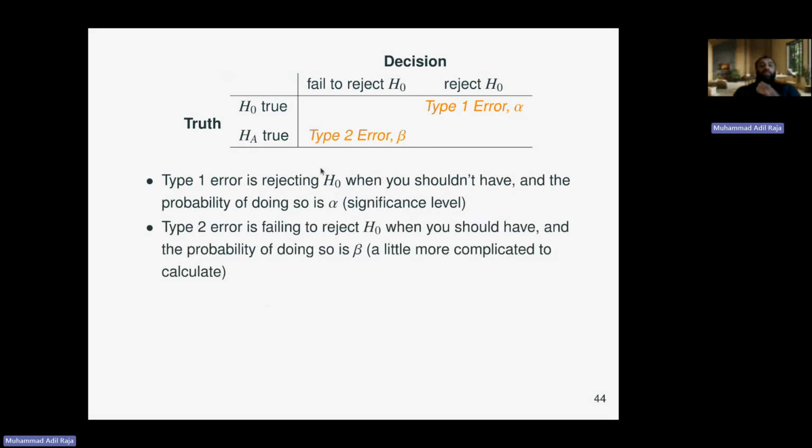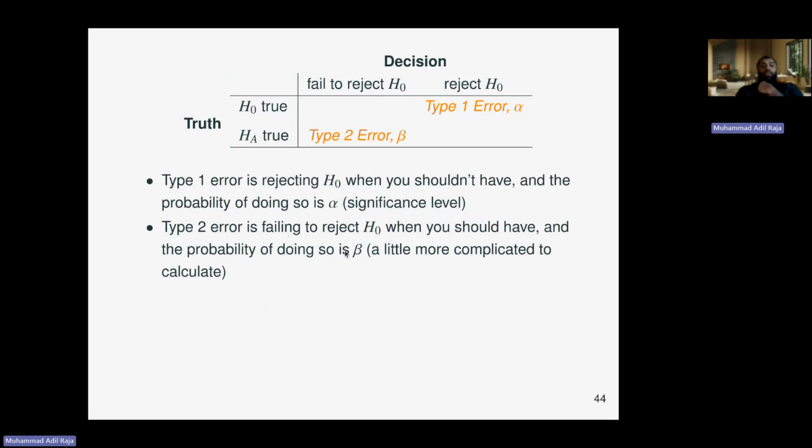Similarly, type 2 error is failing to reject H0 when you should have. In fact, the alternative hypothesis is true. However, you fail to reject H0. You couldn't reject it, which means that you couldn't come to the conclusion that HA is true. However, in reality, it is true.